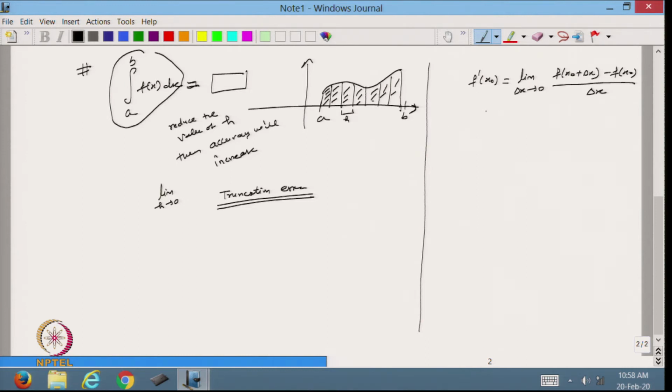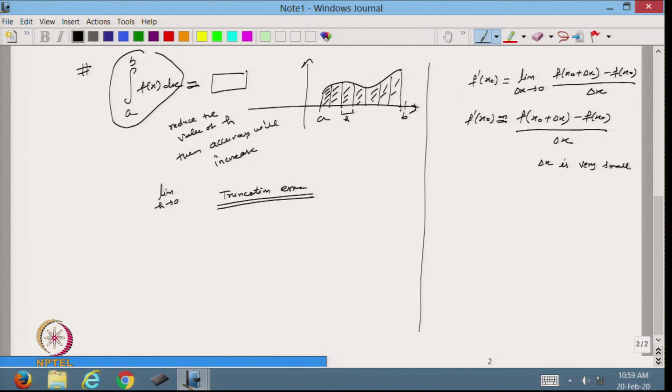In this case what do we do? We just approximate the derivative with f(x naught plus delta x) minus f(x naught) divided by delta x, where delta x is very small.